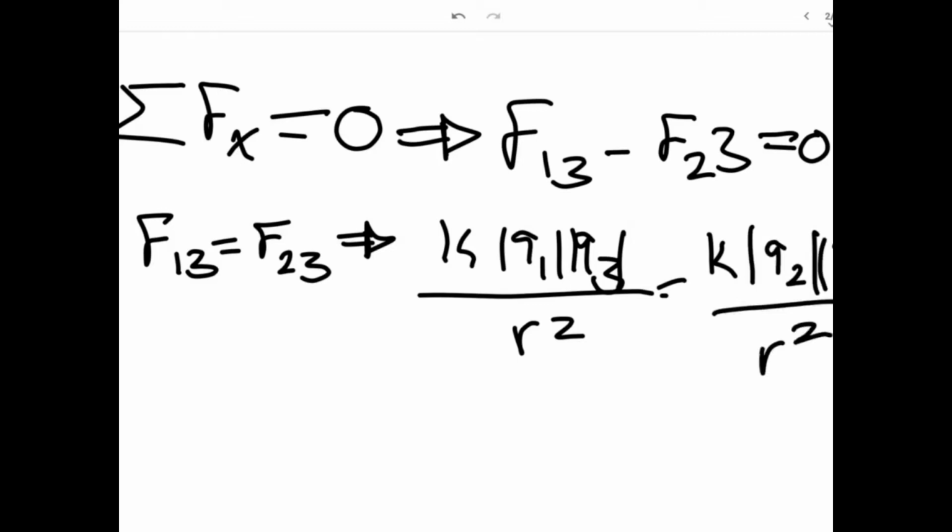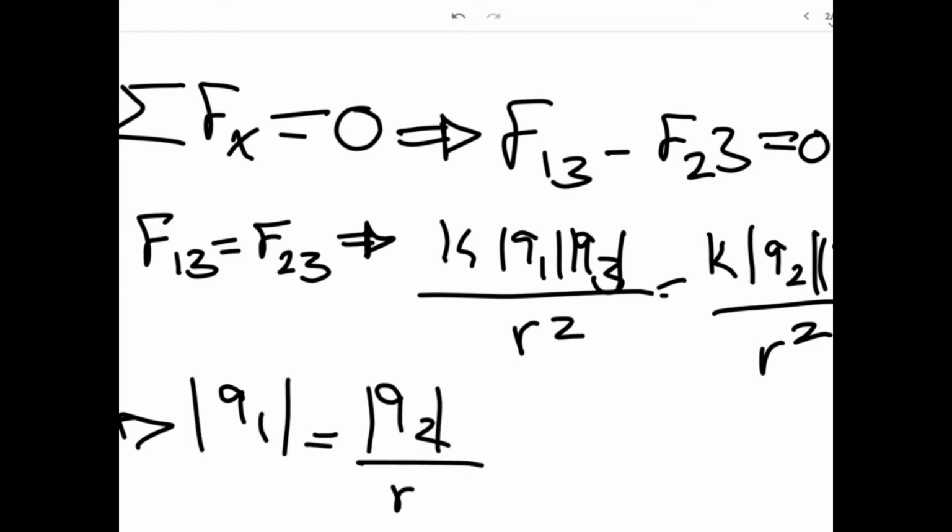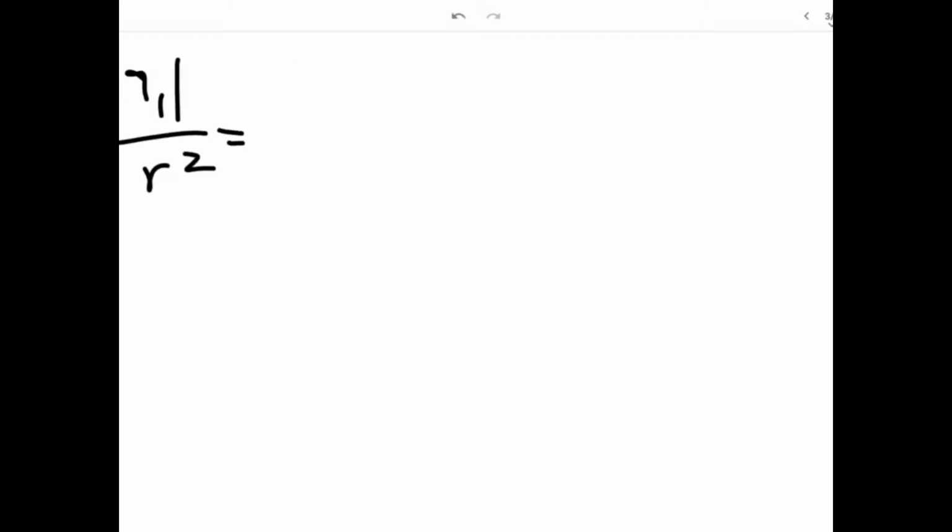You can remove K and Q3, which will give you Q1 over R squared equals Q2 over R squared. This is R13 and this is R23.